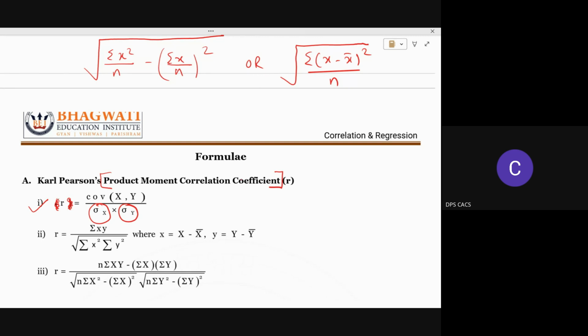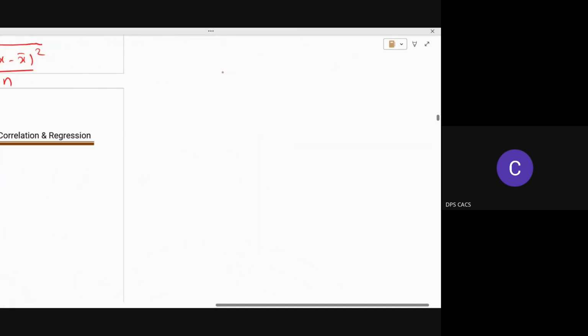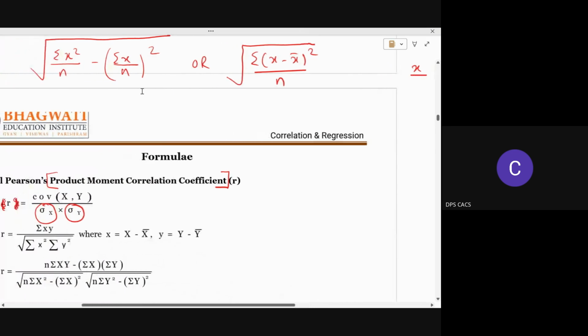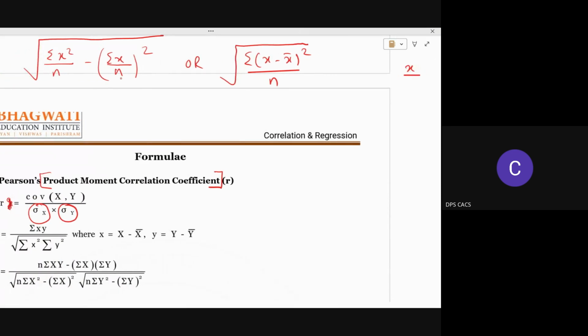Tell me, if I give you X and Y columns, what are the columns you need for standard deviation? Which formula should I use? Normally we are using this one, right?